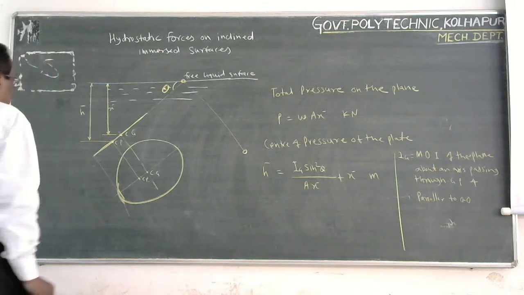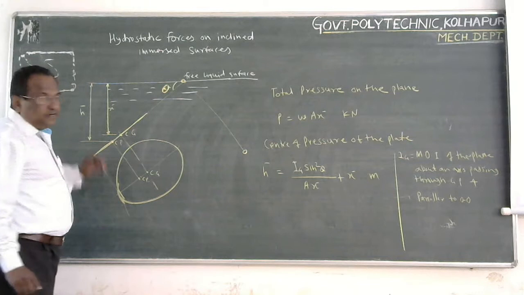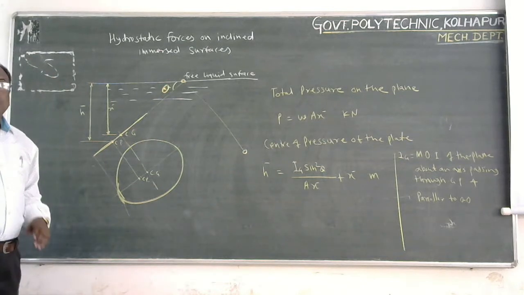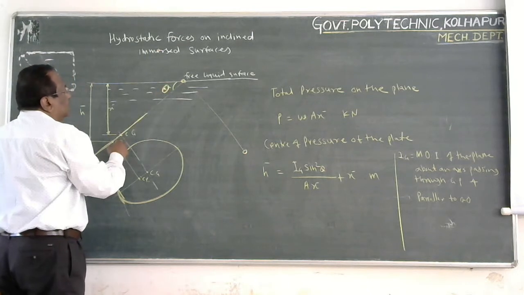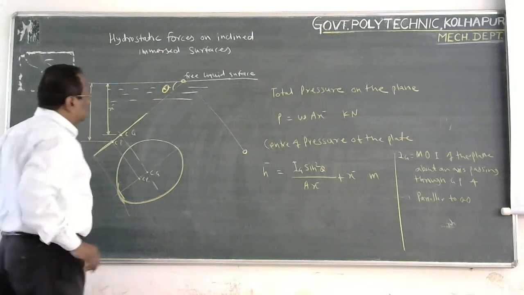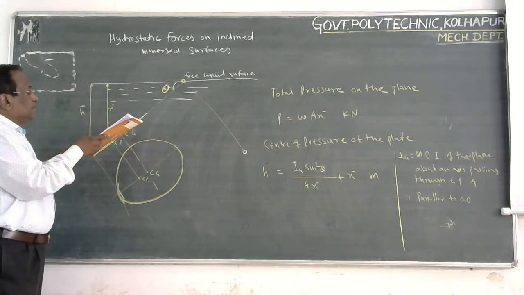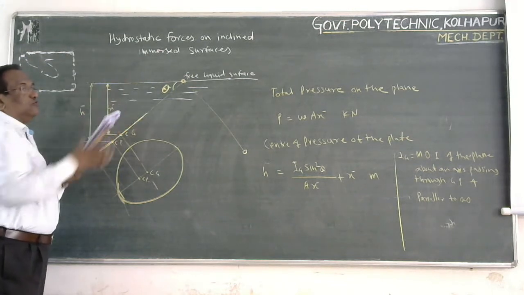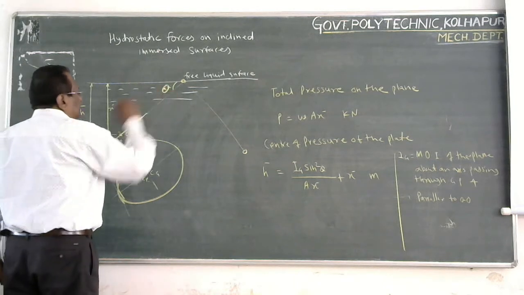Here, there is a plane which is immersed at an angle to the free liquid surface. The angle made by this plane to the free liquid surface is theta. It is like this. The plane is inclined to the free liquid surface and the angle is theta degrees.